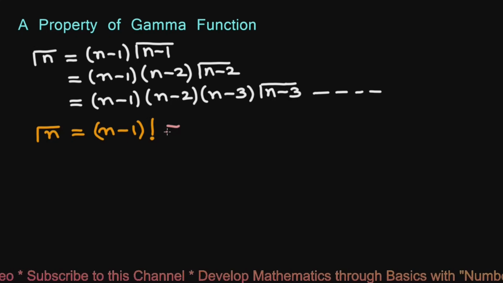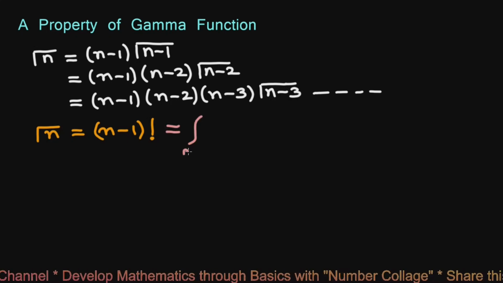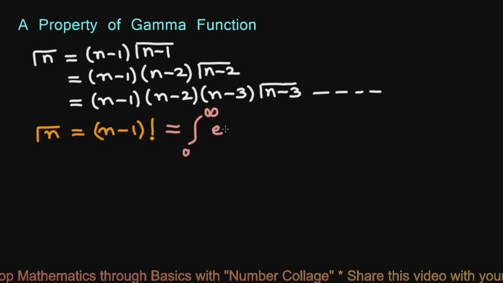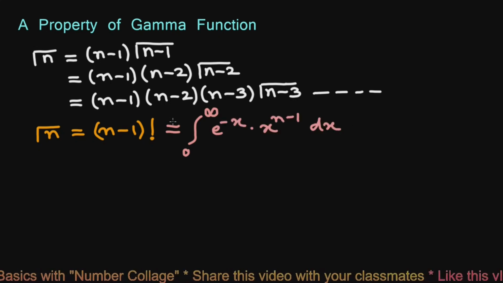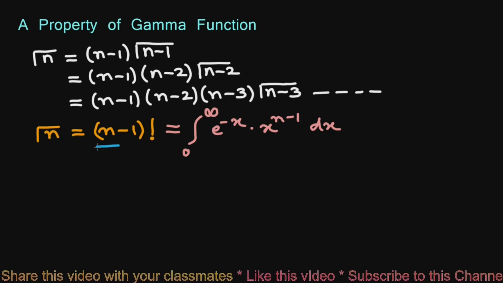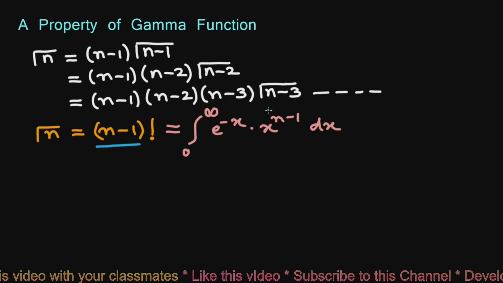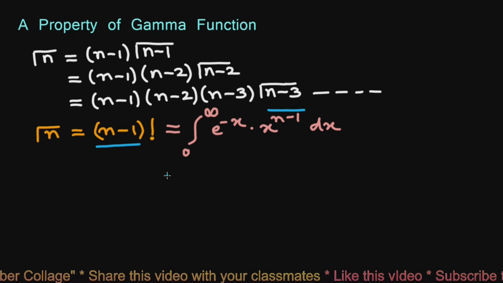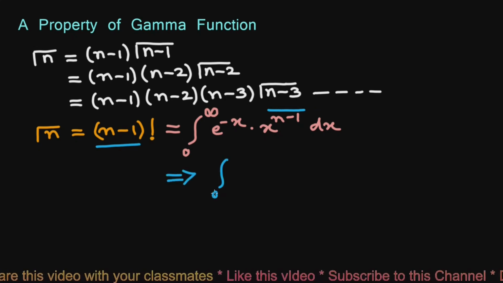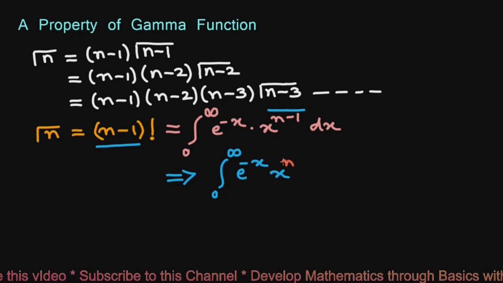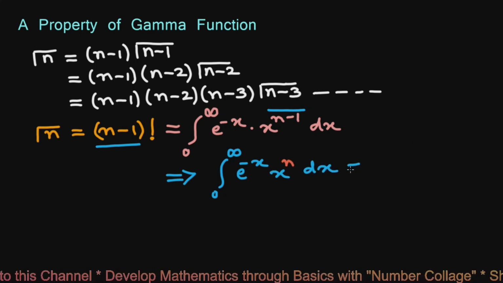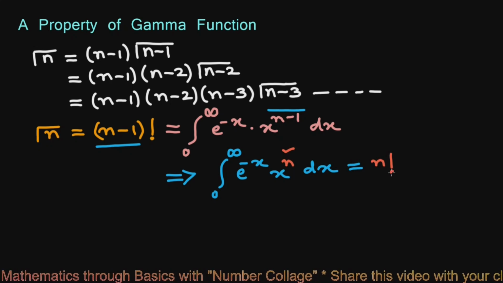According to the definition of integral from 0 to infinity of e raised to minus x into x raised to n minus 1 dx, we observe that there is n minus 1 here and n minus 1 here too, which implies integral from 0 to infinity of e raised to minus x into x raised to n dx equals this n factorial.